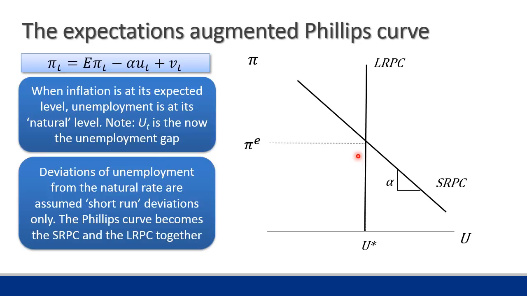Bear in mind that when inflation is at its expected level, the short run and the long run Phillips curves cross. But we are at U star, the natural rate of unemployment.